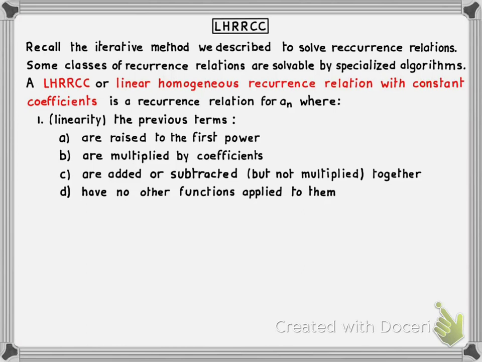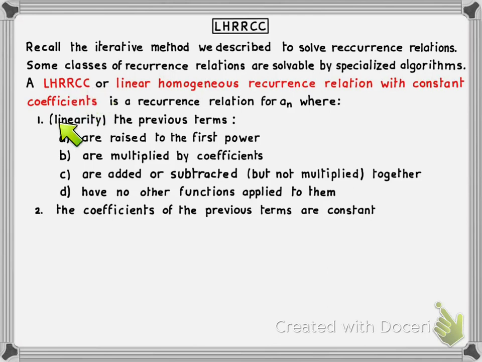We're going to give some examples later, but first, let me describe the other constraints on LHRRCs. The second constraint is that the coefficients, these coefficients here that are multiplying the previous terms, must be constants. So the constant coefficients is the double C part in the name.